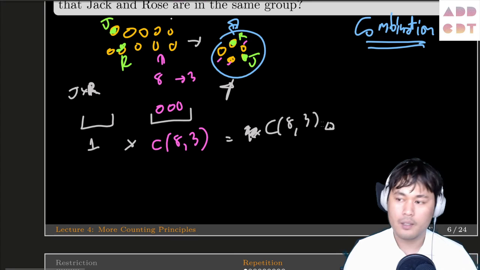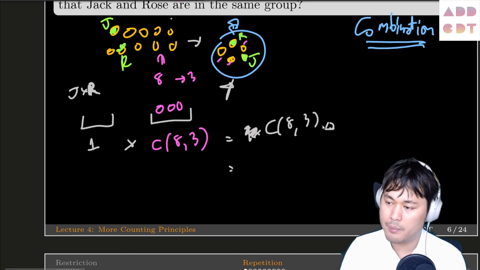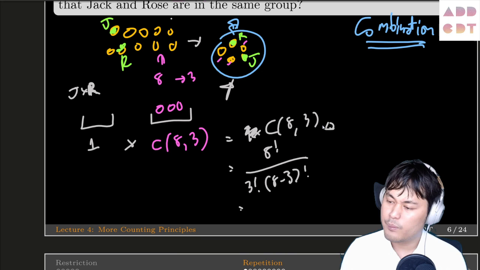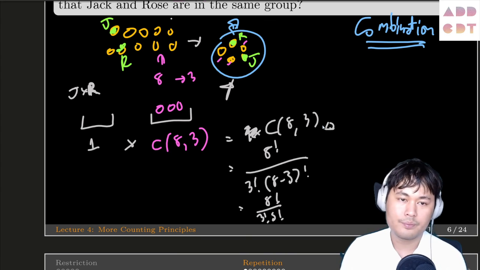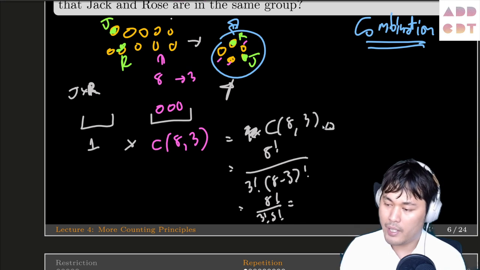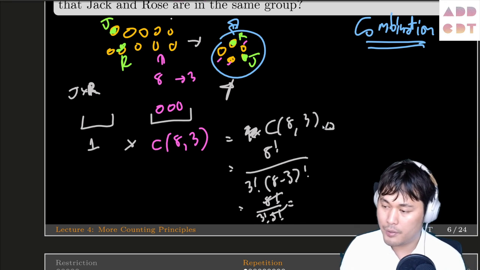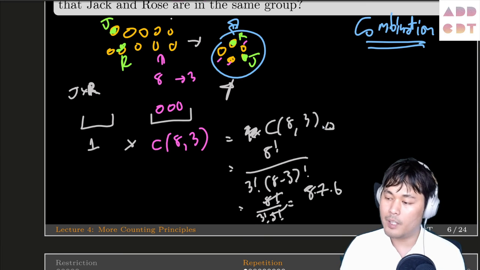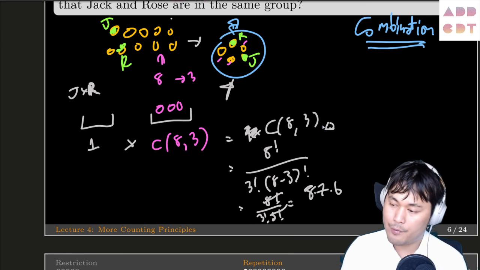8 choose 3. Or if you want to compute the exact number, it's 8 factorial divided by 3 factorial, and then the difference, 8 minus 3 factorial. And then it's 8 factorial over 3 factorial, 5 factorial. If you do the math, 8 factorial and 5 factorial cancel to give you 8 times 7 times 6, because the rest is cancelled by 5 factorial.